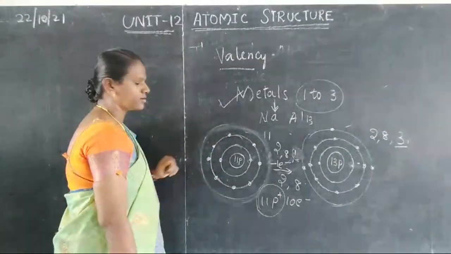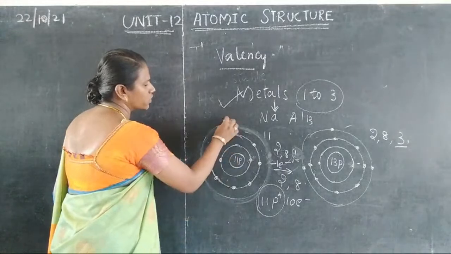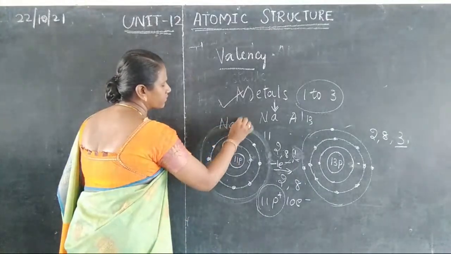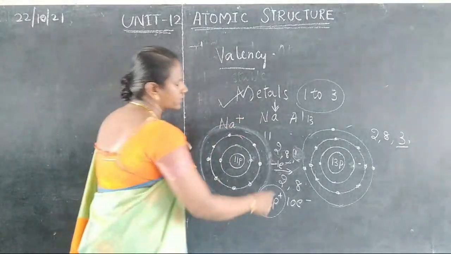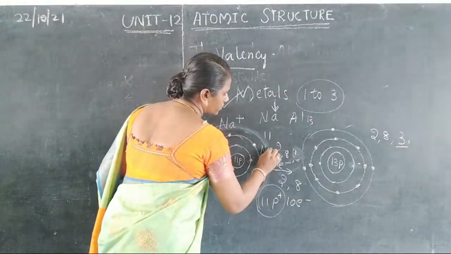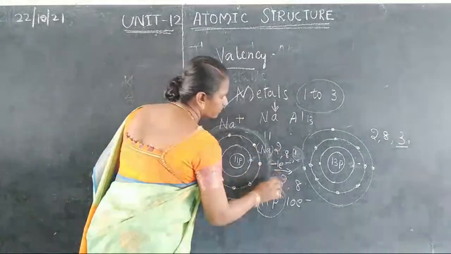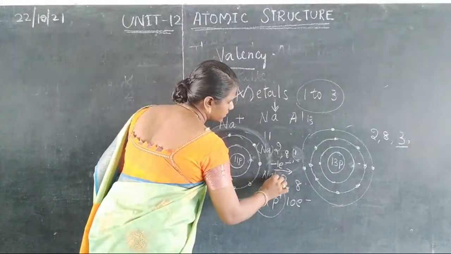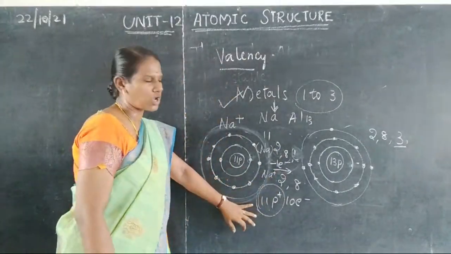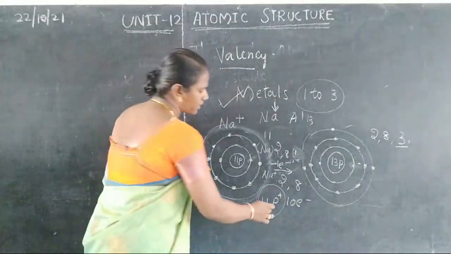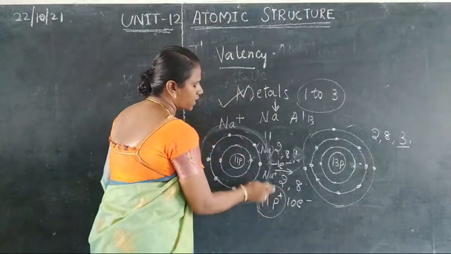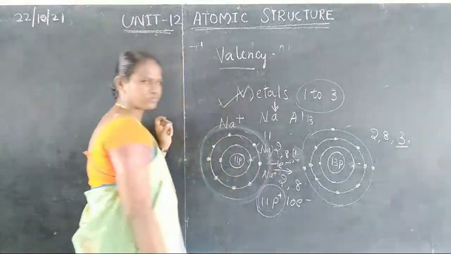That's why we write sodium as a positive ion, Na+. When sodium loses its 1 electron, it becomes Na+, which means the number of protons is higher than the number of electrons.